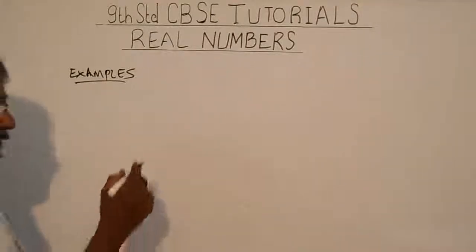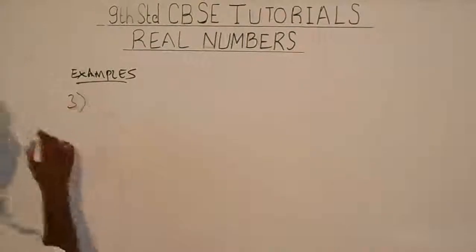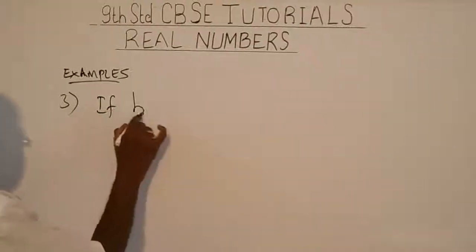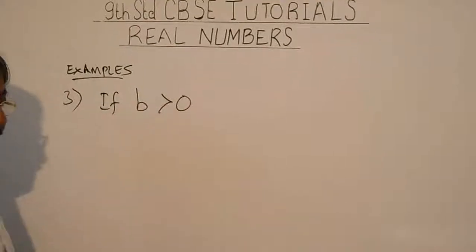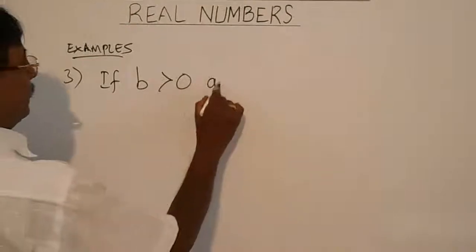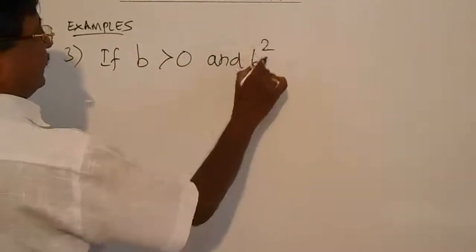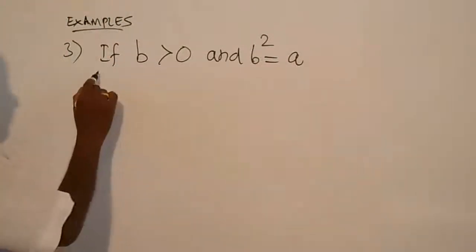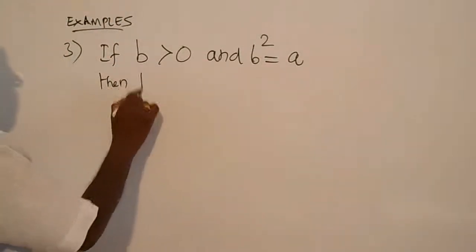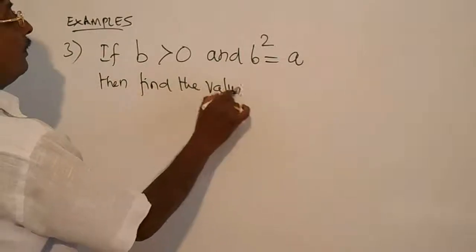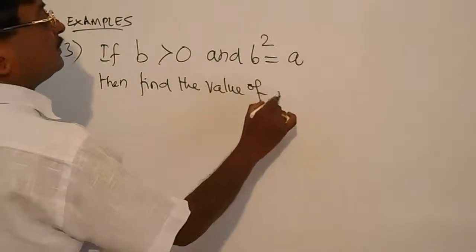Now we will see the next example, number 3. If b is more than 0, b is a real number, b is more than 0 and b square is equal to a, then find the value of square root a.